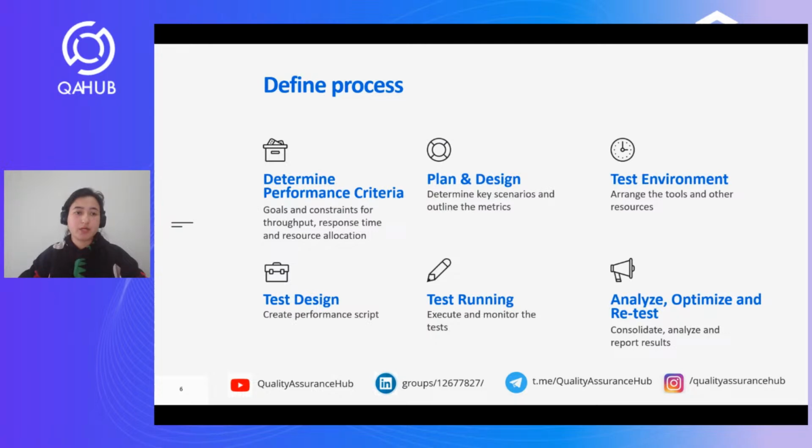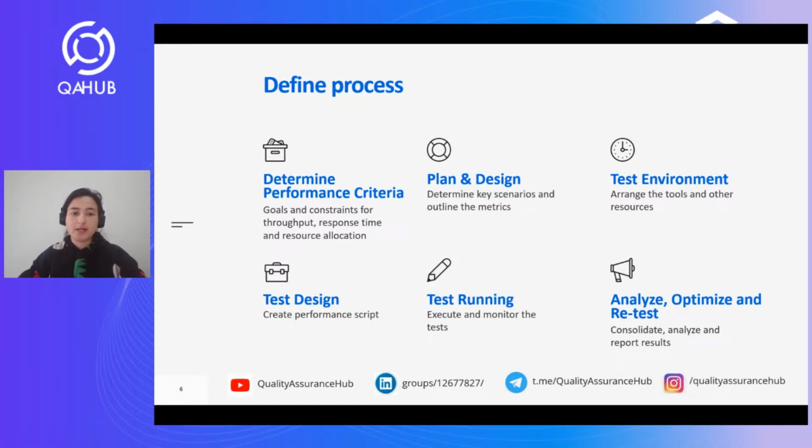And a few words about the process of performance testing. Usually it consists of 6 main parts, and after identifying our test environment, we should also identify the performance acceptance criteria to determine the goals and constraints and to gather requirements related to desired throughput, response time, and resource allocation.